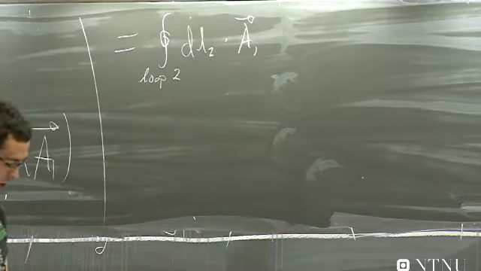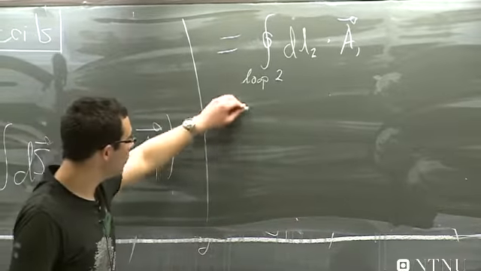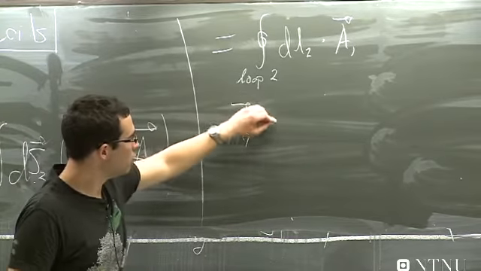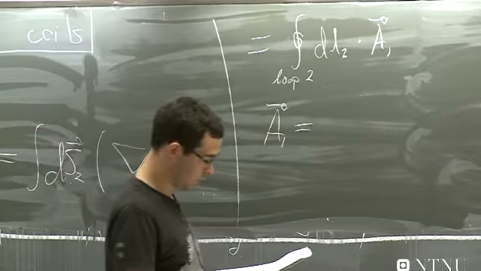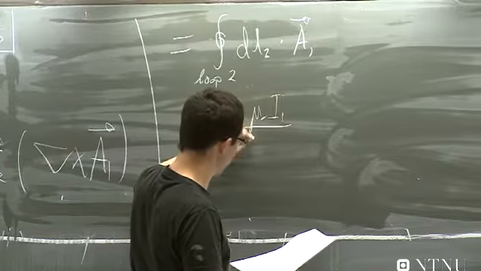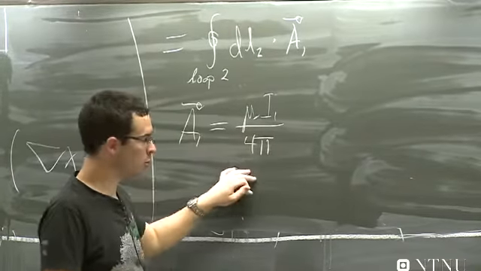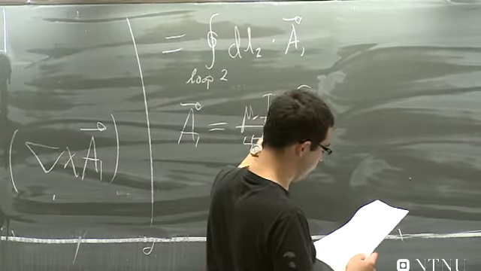And I can show, as we discussed before, that A1 is given by just an integral over the current from loop 1. Let's write that down. There's a prefactor with the current and the 4 pi, and then there's the geometrical factor.